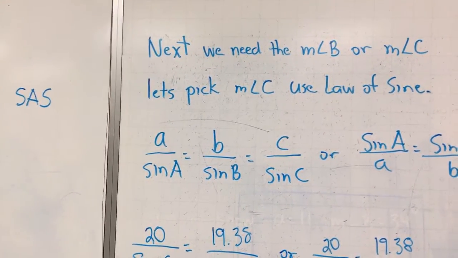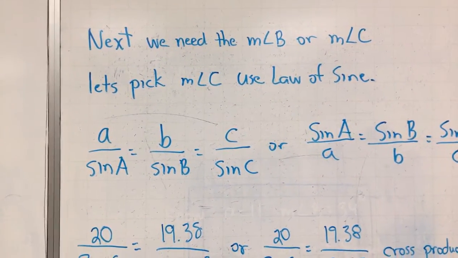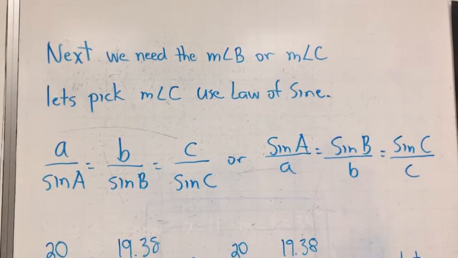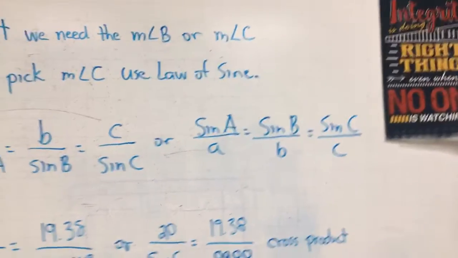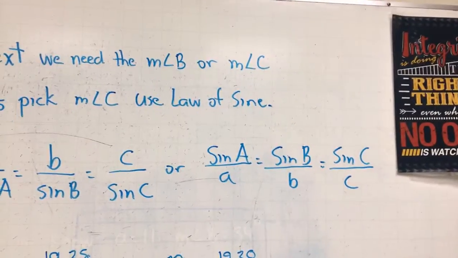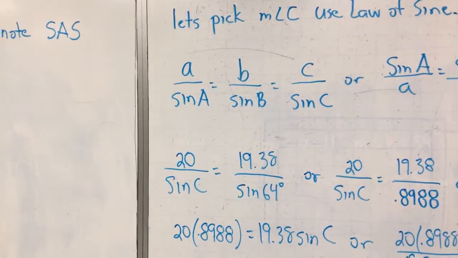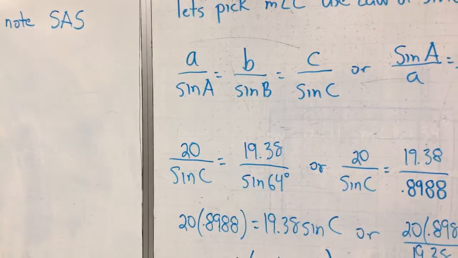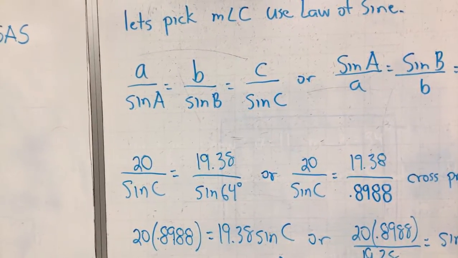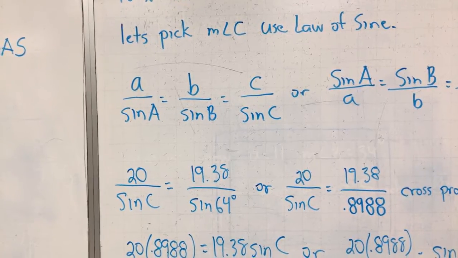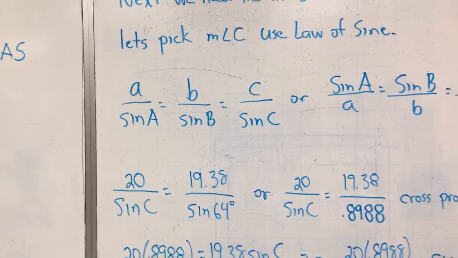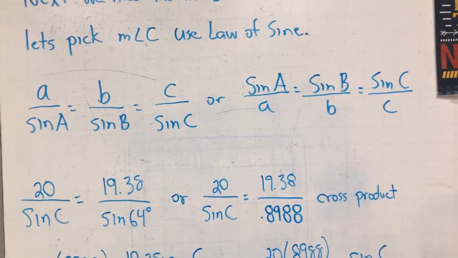Remember, it's the length of a over the sine of A is equal to the length of b over the sine of B is equal to the length of c over the sine of C. Or you can turn it all upside down, matters not. Be consistent. All right, so here we go. So 20 over sine C is equal to 19.38 over the sine of my angle A, which angle A is 64 degrees. So anyway, I set that up.